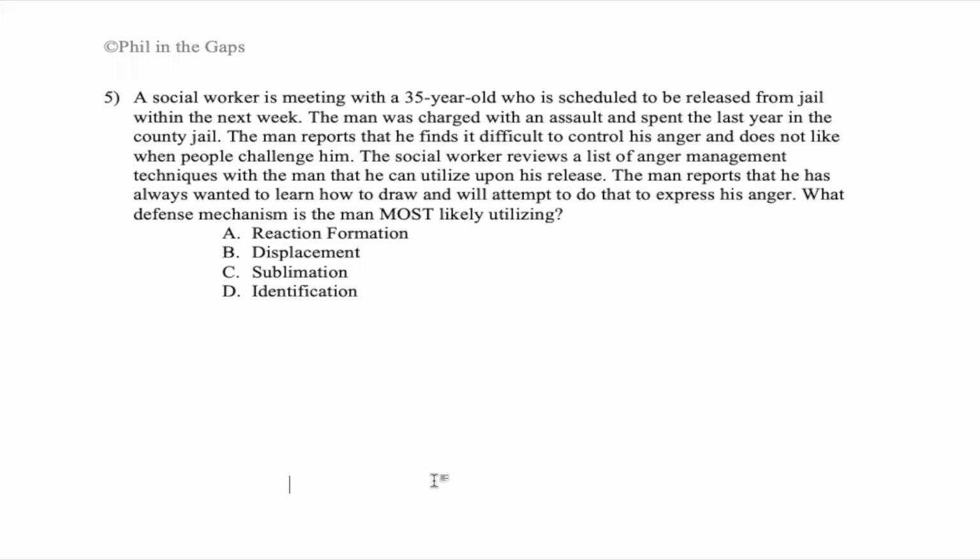The man reports that he has always wanted to learn how to draw and will attempt to do that to express his anger. What defense mechanism is the man most likely utilizing? A, reaction formation, B, displacement, C, sublimation, D, identification.